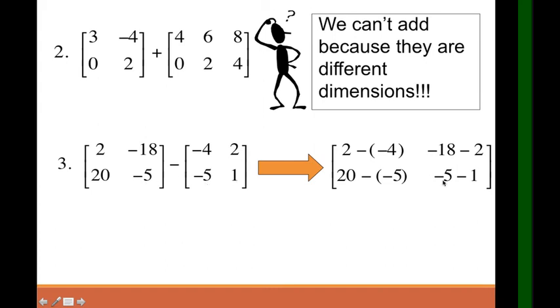Then do the operation: 2 minus negative 4 is 6, negative 18 minus 2 is negative 20, 20 minus negative 5 is 25, and negative 5 minus 1 is negative 6.